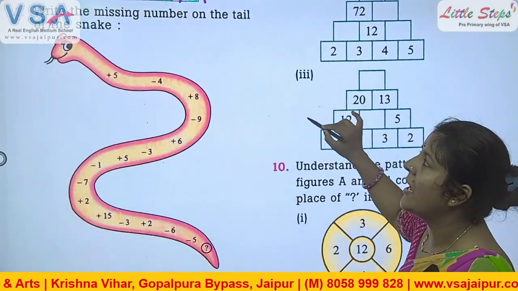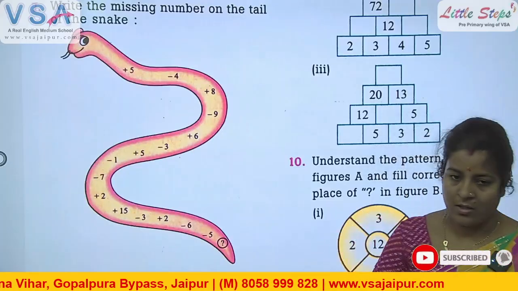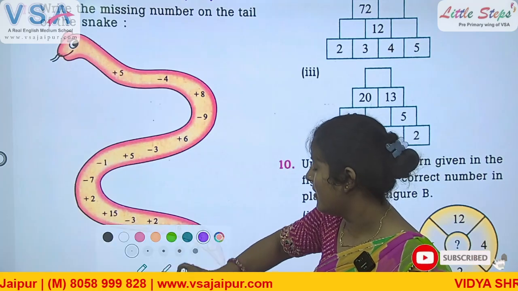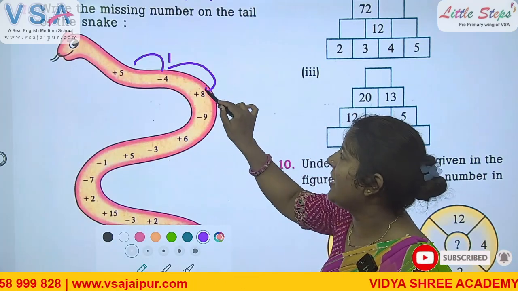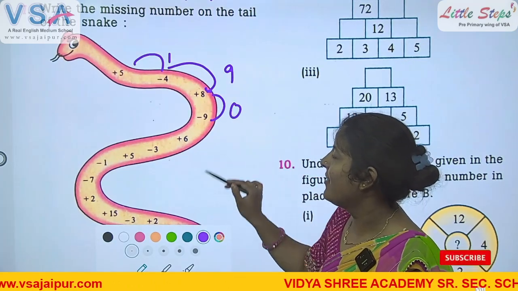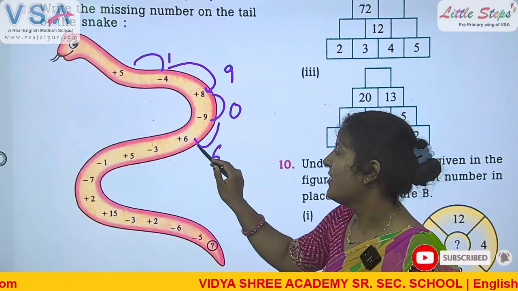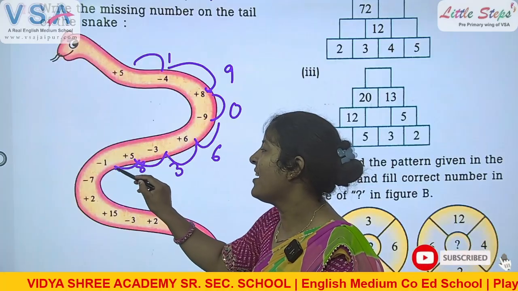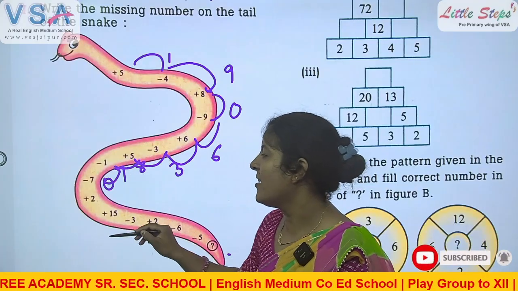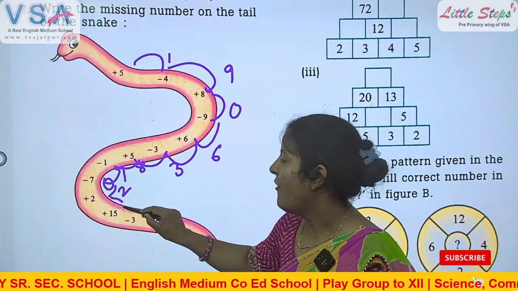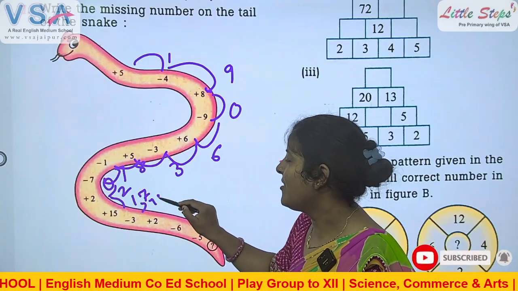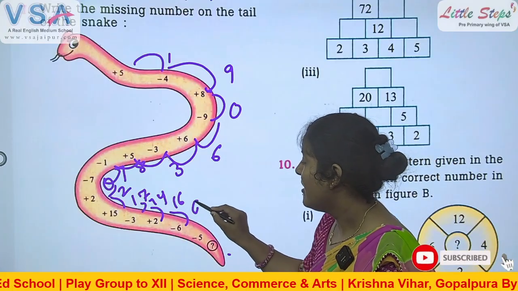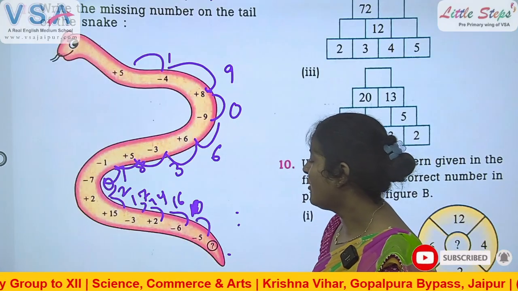Write the missing number on the tail of the snake. Okay. So 5 minus 4 is 1. 1 plus 8 is 9. 9 minus 9 is 0. 0 plus 6 is 6. 6 minus 3 is 3. 3 plus 5 is 8. 8 minus 1 is 7. 7 minus 7 is 0. 0 plus 2 is 2. 15 plus 2 is 17. 17 minus 3 is 14. 14 plus 2 is 16. 16 minus 6 is 10. 10 minus 5.